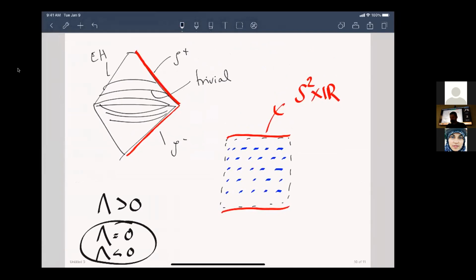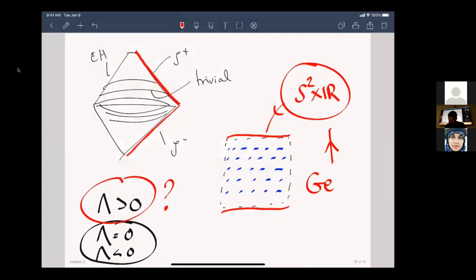So the two questions, and this was in the abstract for this talk, were: what happens when lambda is positive, and what happens when we get rid of this? Those are the two questions. That's all we did. We just studied what happens when we ask these two questions.